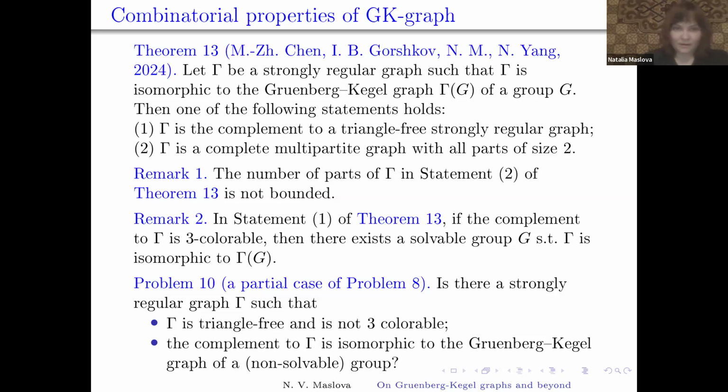Moreover, in case 2, each such graph is realizable as the Gruenberg-Kegel graph of an affine group. There is a construction. However, for triangle-free strongly regular graphs, it can occur that there are no groups with such Gruenberg-Kegel graphs.